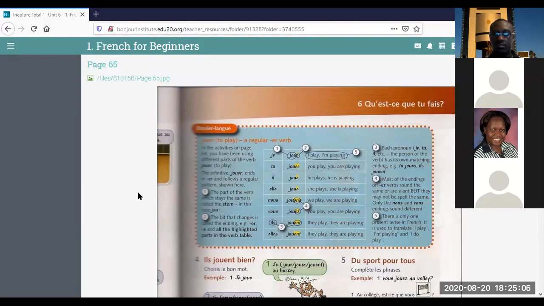But if it is an action that you do quite often, you may say I play golf, I play tennis. You say je joue, using the first person, I play, which we call the present simple tense. So basically, that is what you do to all regular verbs when you want to conjugate them in the present tense.